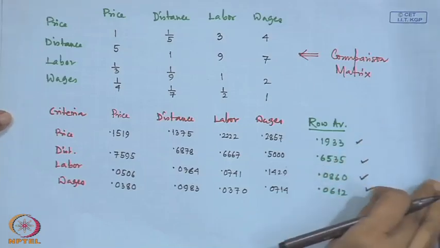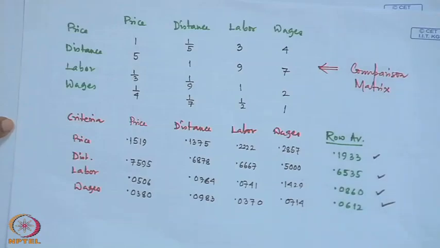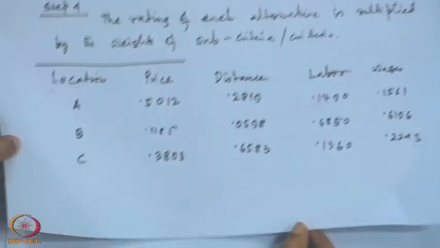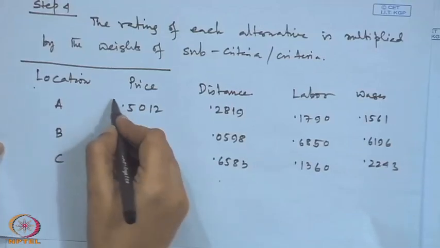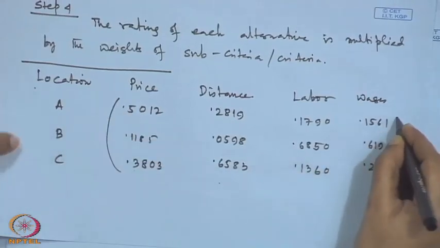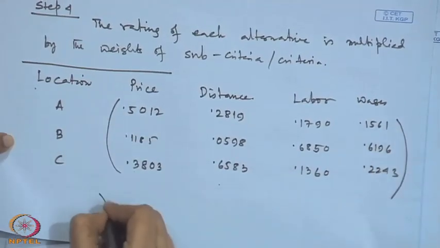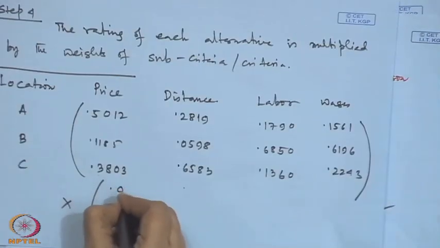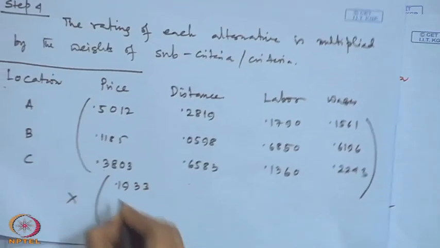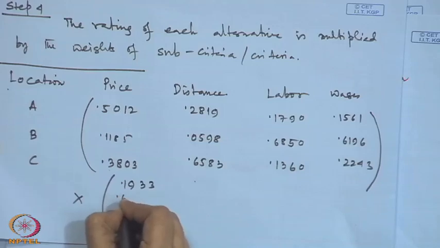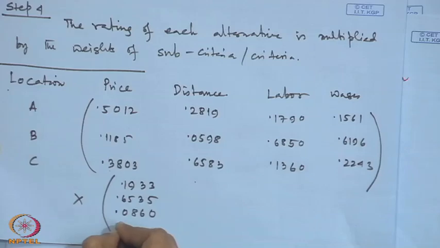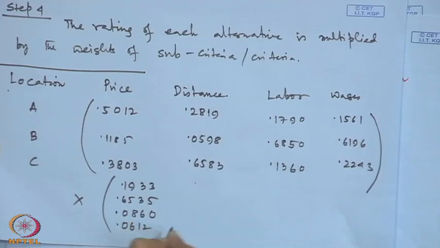In the next step, we consider both pieces of information together. We are multiplying this matrix with another matrix that has the priority vectors 0.1933, 0.6535, 0.0860 and 0.0612.